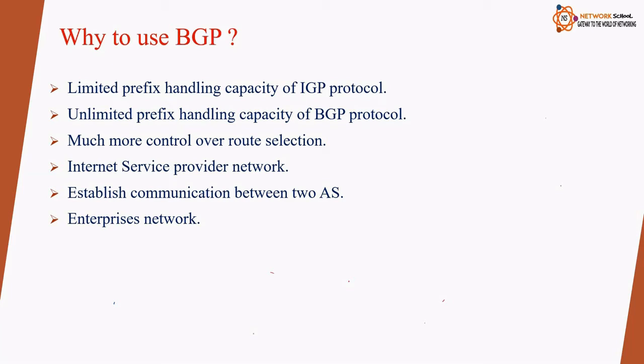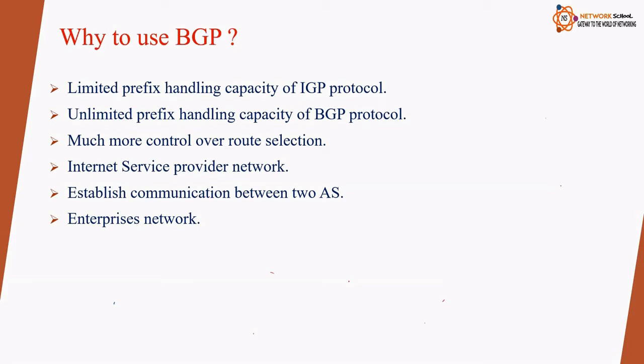So if we use the IGP for the internet, there may be a possibility that the CPU utilization will be high, the routing table will collapse and the router will stop working. Hence we cannot use IGP. For that we have to use BGP. BGP has unlimited prefix handling capacity.